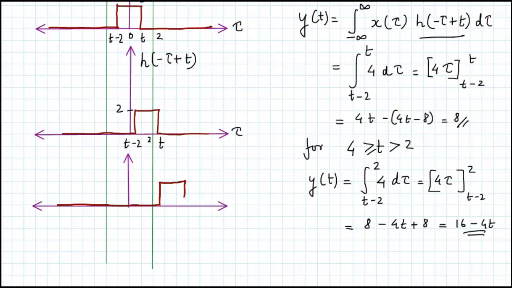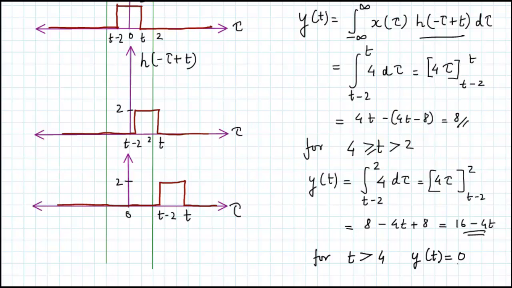Now this is at the tau axis, this is at t, and this is at t minus 2, and we can directly say the multiplication is going to be 0. Even though the amplitude is 2, the multiplication with x of t is 0, because it has passed the two axes within which x of t is there. So for t greater than 4, y of t is equal to 0, because the integration is 0.